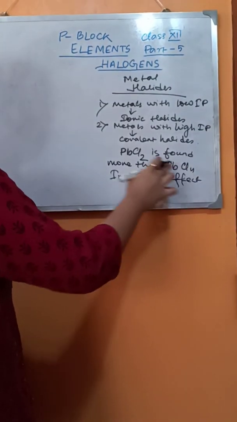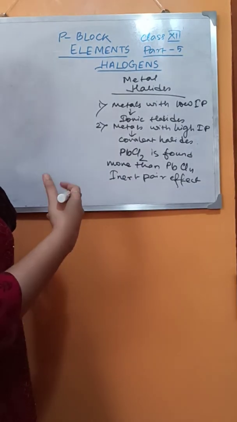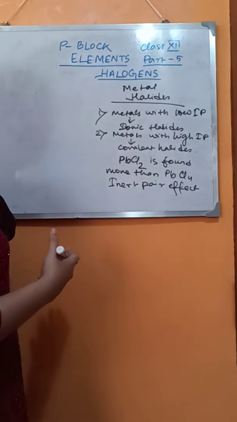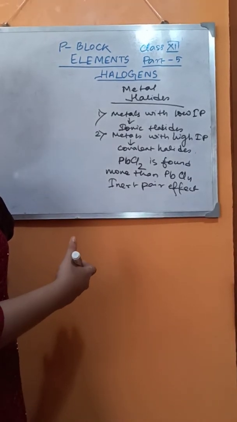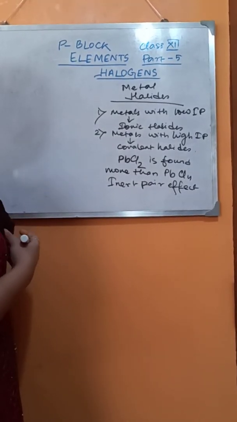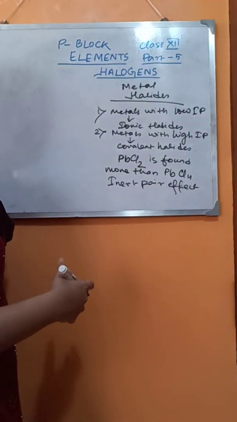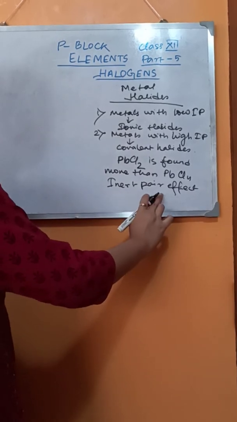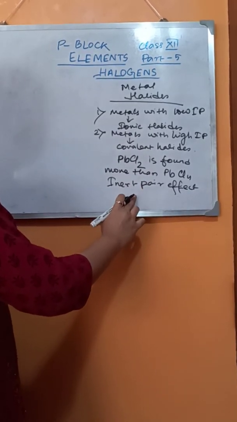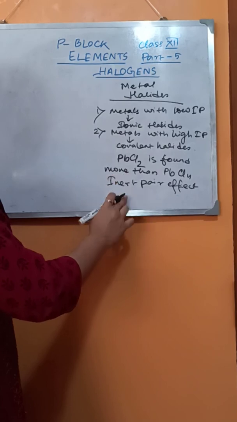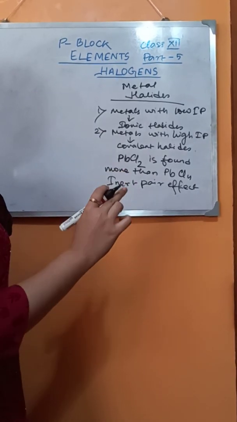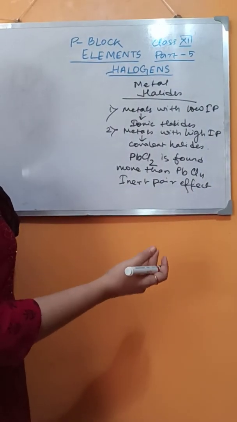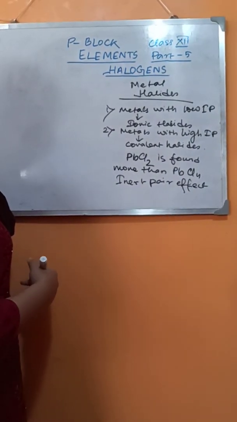Okay, to show +4 oxidation state, the 6s orbital has to take part. For Pb, the 6s orbital has to take part in the bonding, or the s orbital has to take part in the overlap. So, inert pair effect means the s orbitals are unwilling to participate in the bonding or unwilling to participate in the bond formation or overlap.